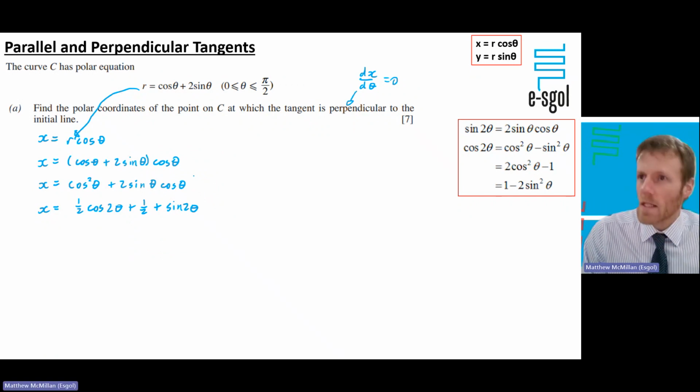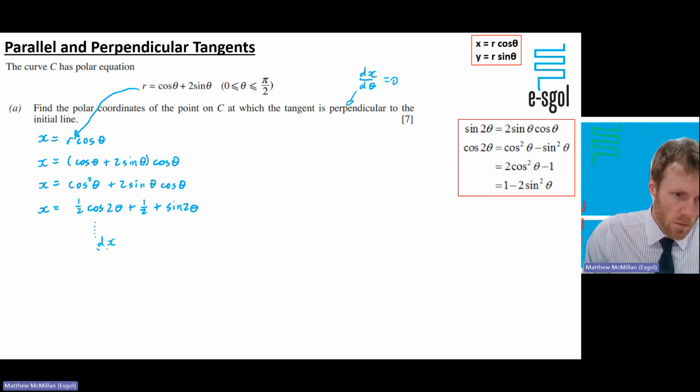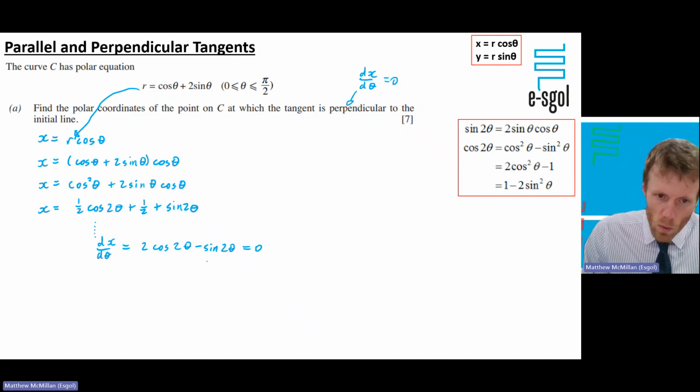Once we do go ahead and differentiate, because I'm running out of time, I'm just rushing this a little bit, I'll just skip differentiating dx d theta. Eventually we get to this 2 cos 2 theta minus sine 2 theta, and because it's the tangent we want it to equal 0, we then end up with sine 2 theta equals 2 cos 2 theta, and then we divide through by cos.